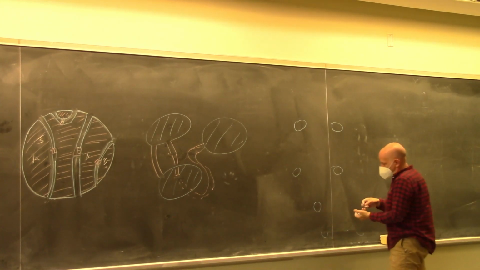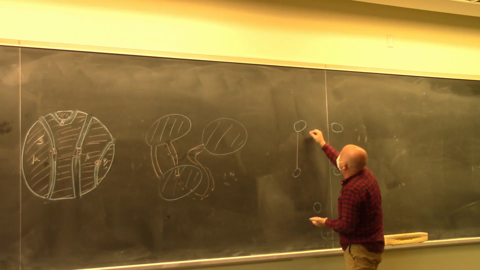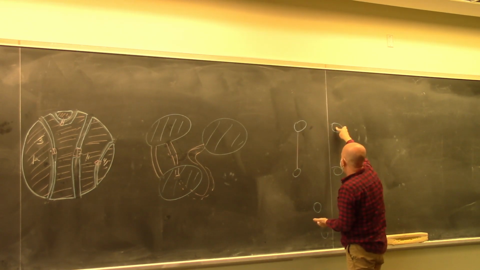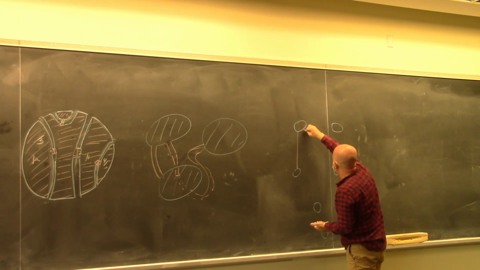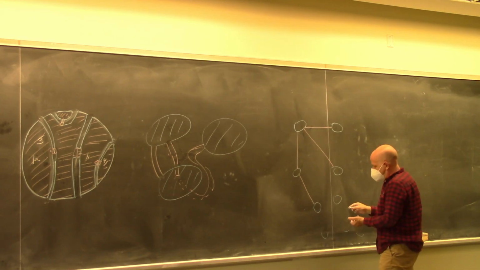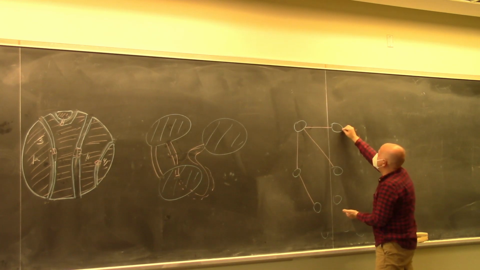It's a thickening of a tree made out of blue circles and red lines.